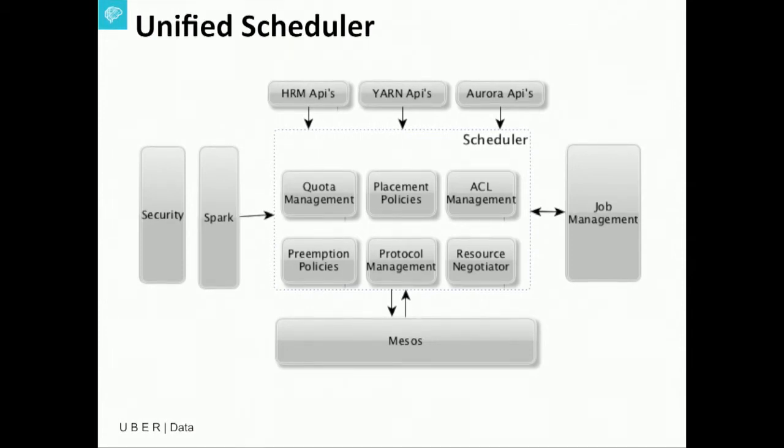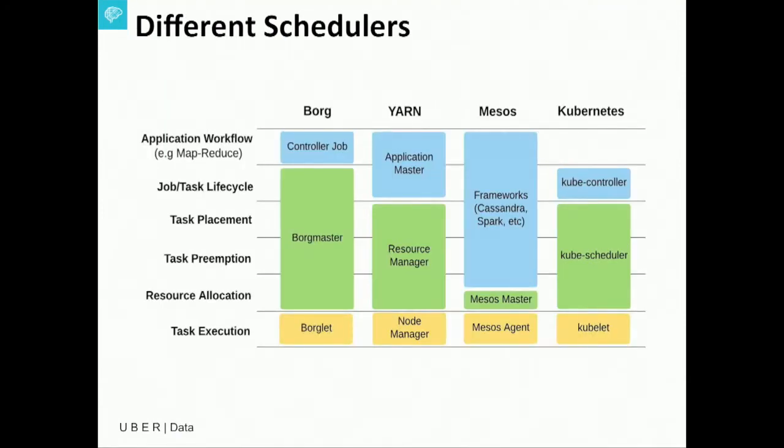So we compared all these schedulers, what each scheduler does right now, and what their availability is. We compared Google Borg, Yarn, Mesos, and Kubernetes, right? These are the things we want: application workflow management. Borg has something called controller jobs, where you want a specific application to manage its own workflows.